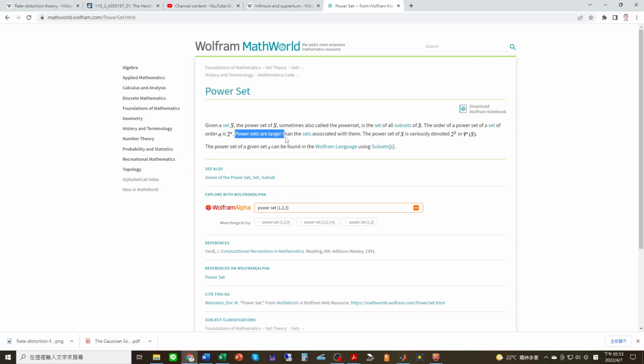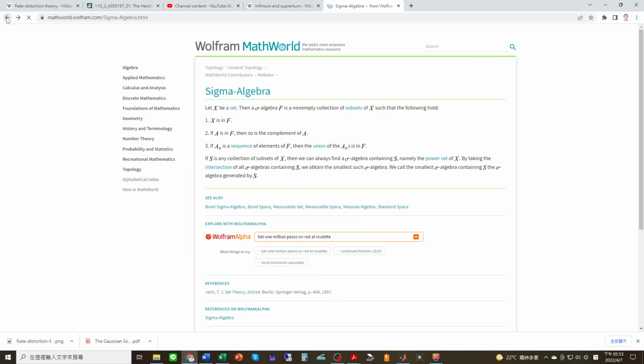Power sets are larger than the sets associated with them. The power set of S is variously denoted 2 to the power of S or P of S. So let us go back to the sigma algebra. By taking the intersection of all sigma algebras containing S, we obtain the smallest such sigma algebra. We call the smallest sigma algebra containing S the sigma algebra generated by S.